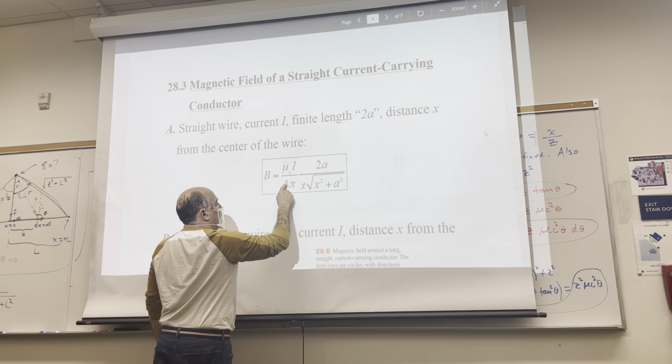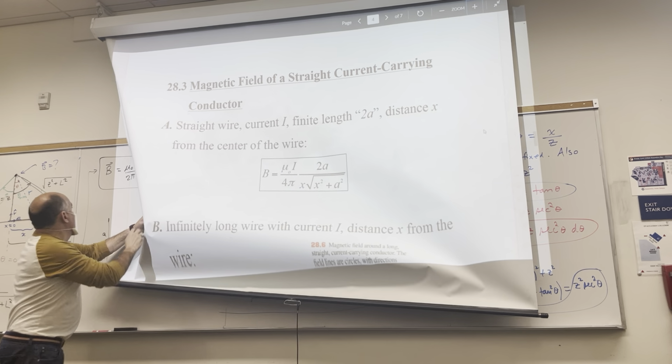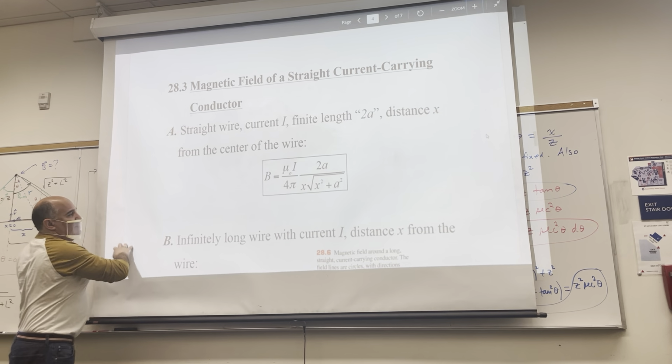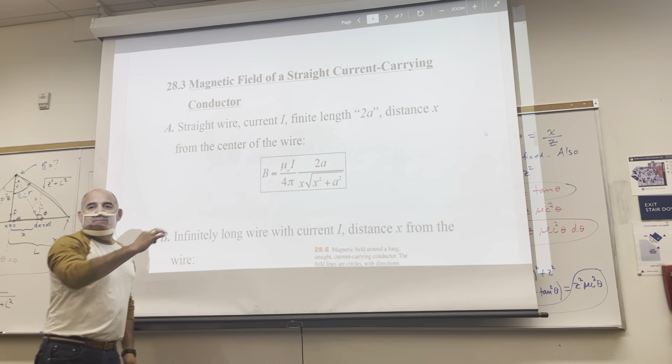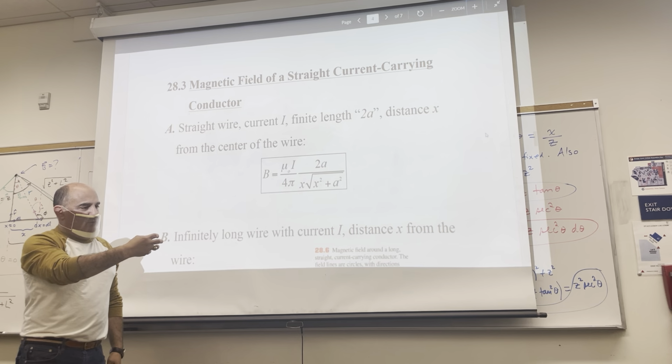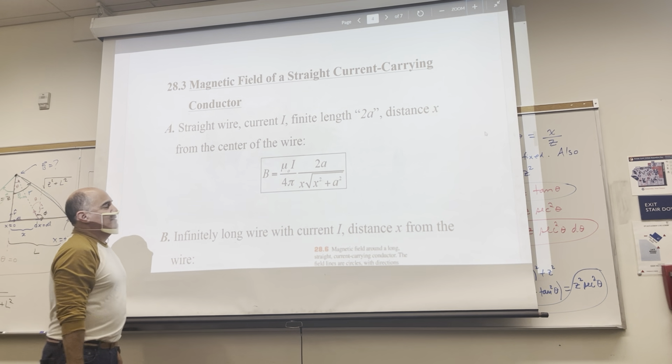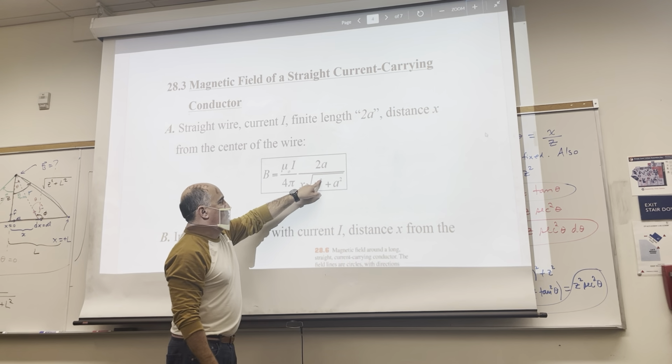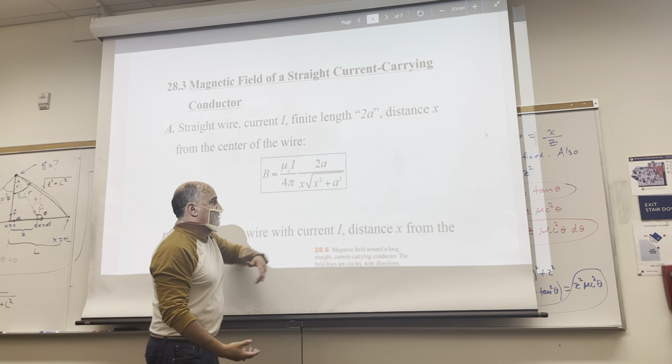That 2 and this 4 will give you a 2 pi downstairs, which is what we have over here. Then x is the distance from the midpoint of the wire to where they're finding the magnetic field, and then x squared plus half of the whole length, which is L.